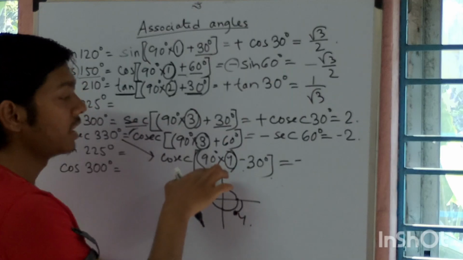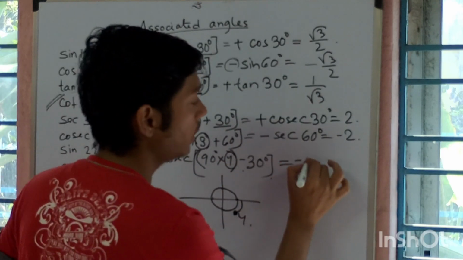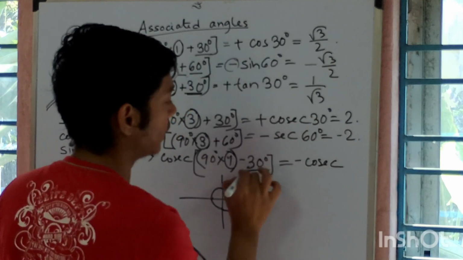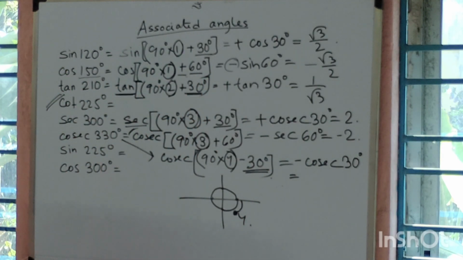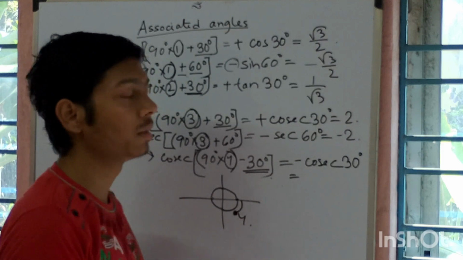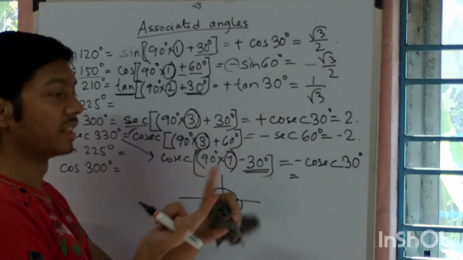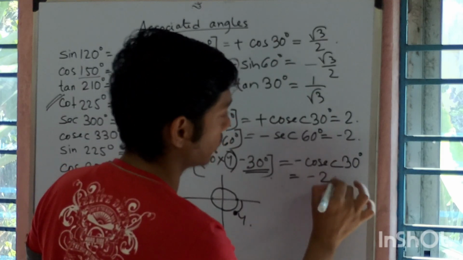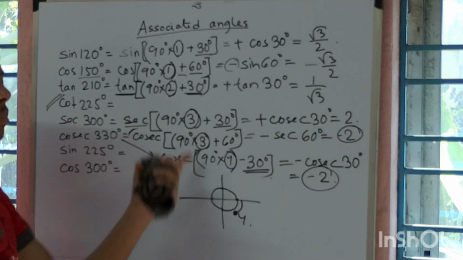So if 90 degrees is multiplied with even, then this thing is unchanged. So it will be cosec of this thing, 30 degree. Now you tell me what is the value of cosec 30 degree. Cosec 30 degree means 1 by sine, and sine 30 means half. So it will be the reciprocal. So it will be 2, and it will be minus 2. So this thing and this thing are absolutely the same. So I can find the value in both manners.